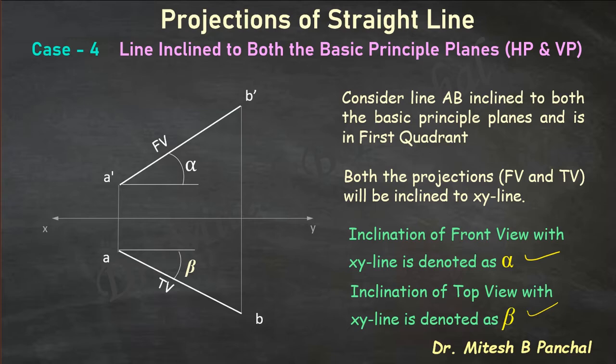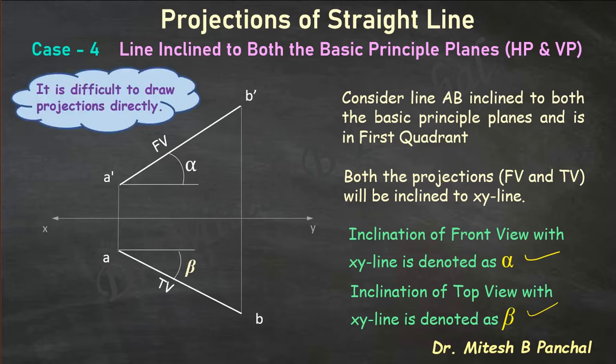For this particular case, it is difficult to draw the projections directly. So to get the solution, we will consider one by one the line parallel to one of the basic principal planes, keeping the inclination with the other basic principal plane unchanged.